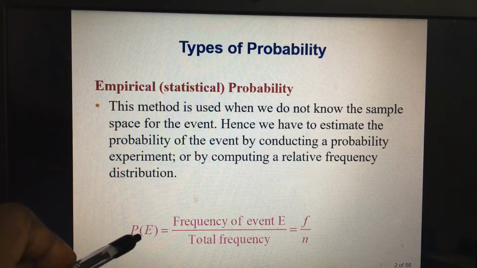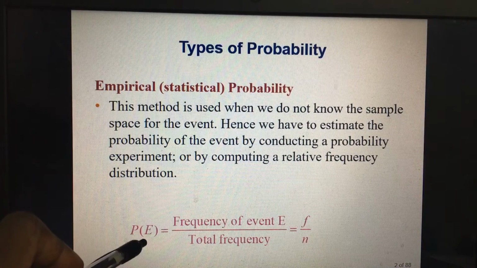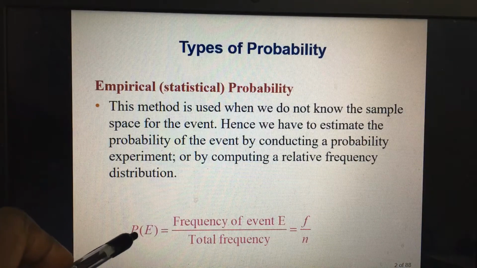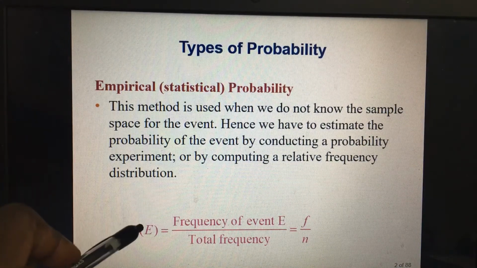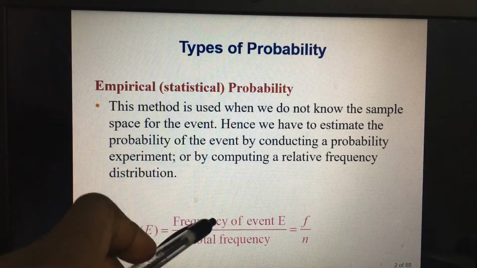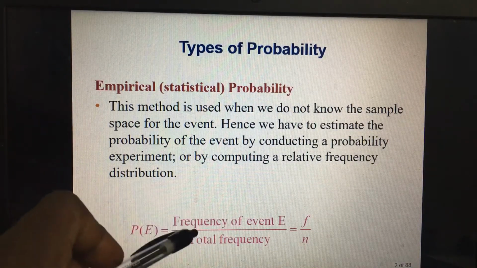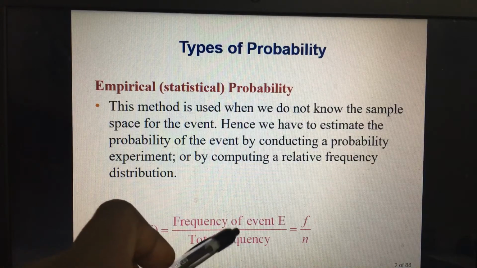So let's say that the event is E. The probability of event E happening is the frequency of event E divided by the total frequency.